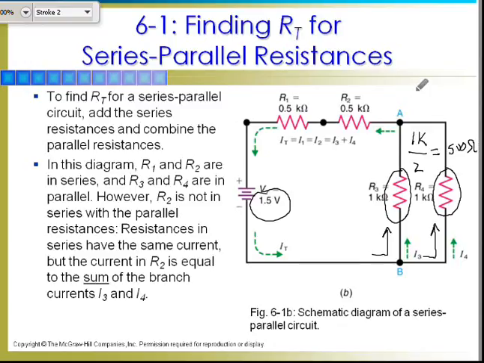So now my R3 equivalent is going to equal 500 ohms. So I've got 500 ohms plus 500 ohms plus 500 ohms, or 1.5 k ohms.